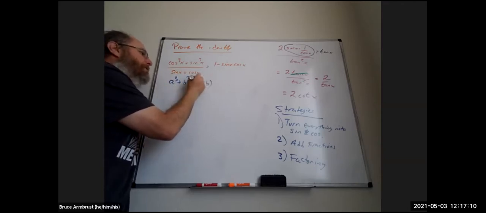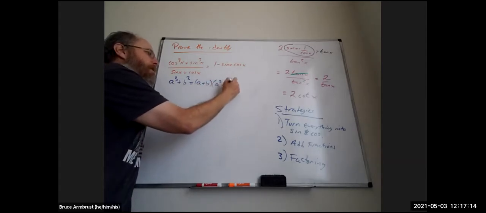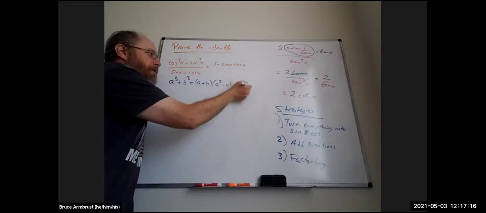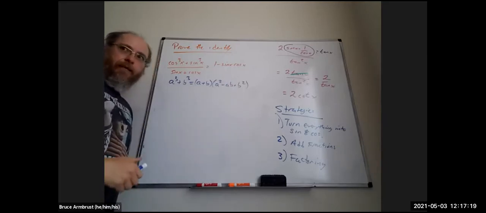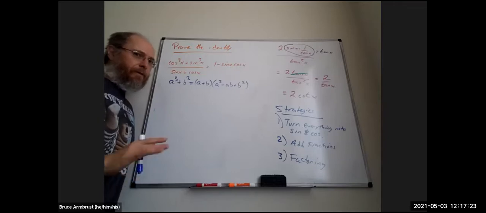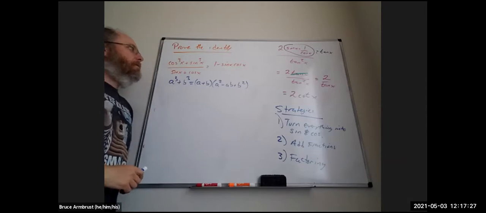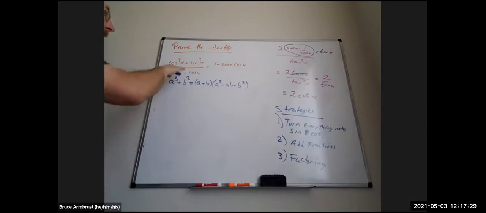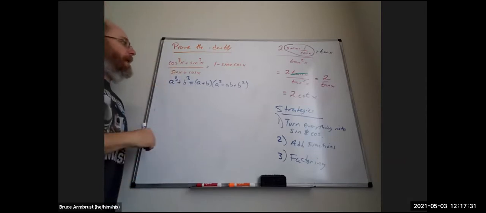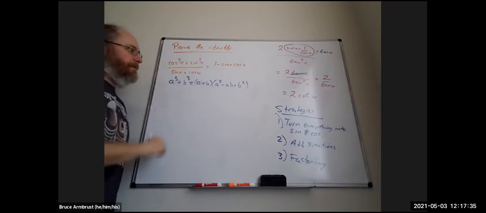It factors to a plus b times a squared minus ab plus b squared. And at some point along the way, you saw that, or at least you should have seen that somewhere along the way. All right, well, that's exactly what we have here, where a is cosine and b is sine.